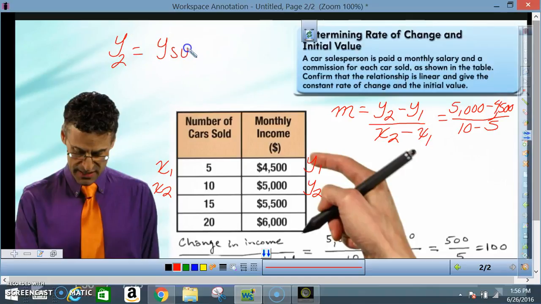Y sub 2 minus y sub 1 over x sub 2 minus x sub 1. And you notice all we're doing once again is rise over run. But it's the change in the y and the change in the x that gives us our slope, or our rate of change.